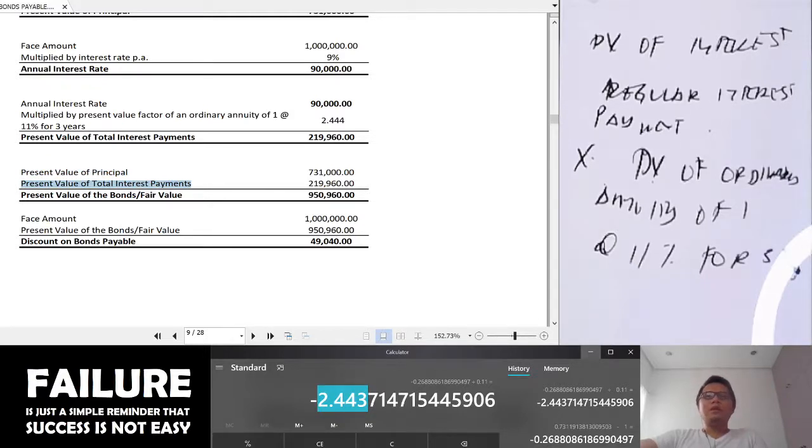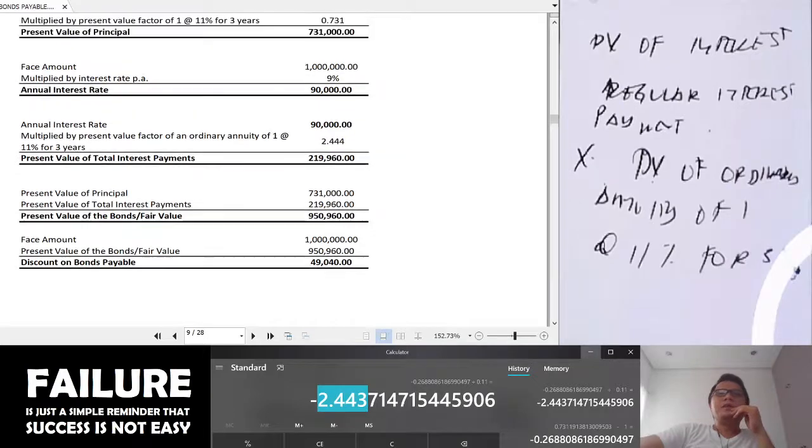So, we have 950,960. With that, the face amount of 1 million less the present value, or the issue price or fair value of 950,960, gives a discount of 49,040 pesos. So, it's simple, right?